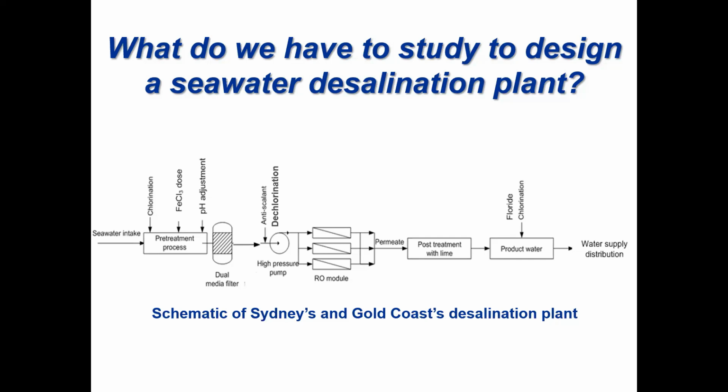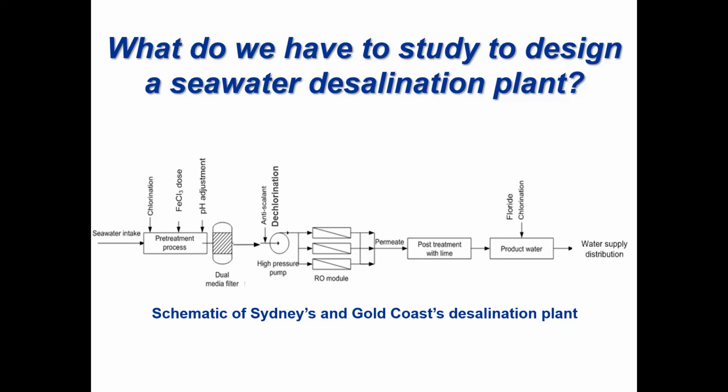And chlorination. Why we chlorinate the seawater: seawater contains a lot of bacteria, microorganisms. This will create biofouling, biofilm inside the pipeline, inside filters, inside your membrane. So we want to remove all the bacteria in seawater.